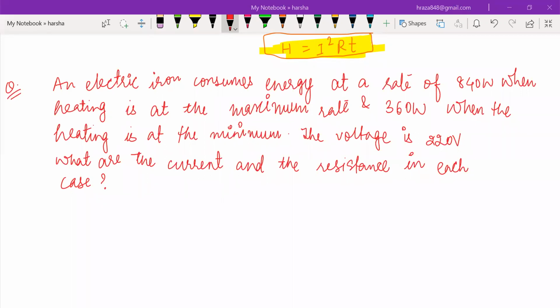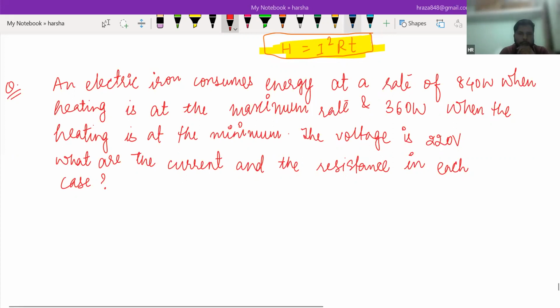Sir, can you explain? Yes, yes. Everyone concentrate here. Two questions are there. An electric iron consumes energy at a rate of 840 watt when heating is at maximum.